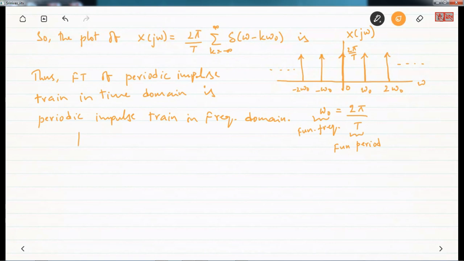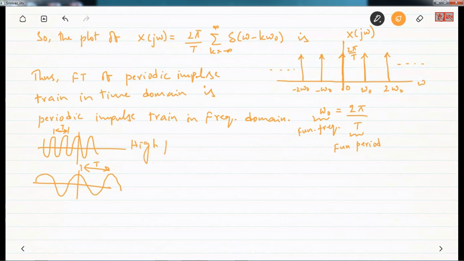What is the simplest example of this? Take a sine wave of very small period: it is a high frequency. But if I increase the period, then it is a low frequency. We call this high frequency and this low frequency, right?